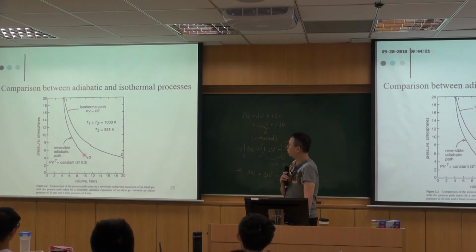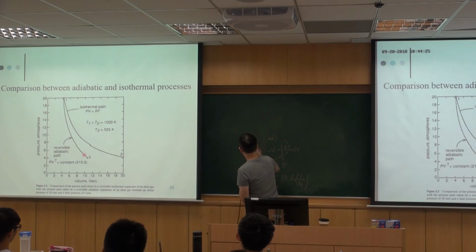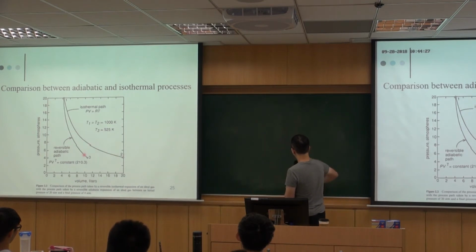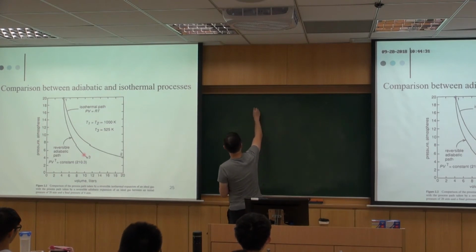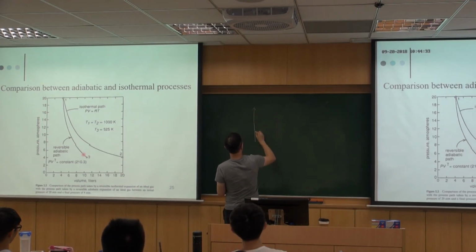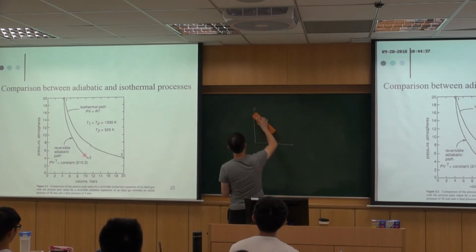So if you consider the work done by the two processes, the isothermal process will produce more work, at least when we talk about the work done by the system.